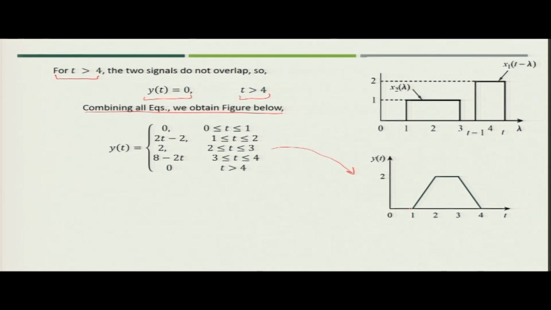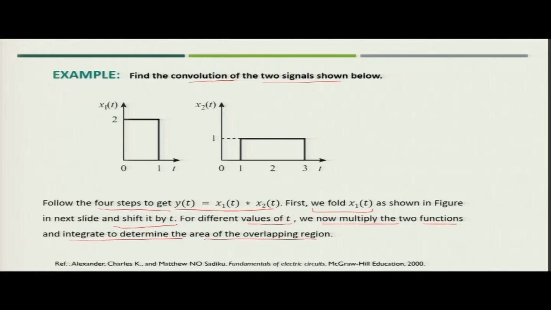You will get that up to 1 it is 0, and then it is incrementing because it is 2t minus 2, then it is a constant with maximum value of 2, and then again decreasing with value 8 minus 2t, and then finally 0. So, this function which you have now got, yt, is the convolution of two functions x1 and x2 which were defined in the example.